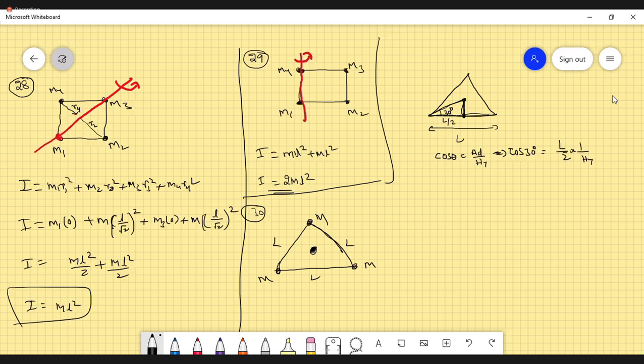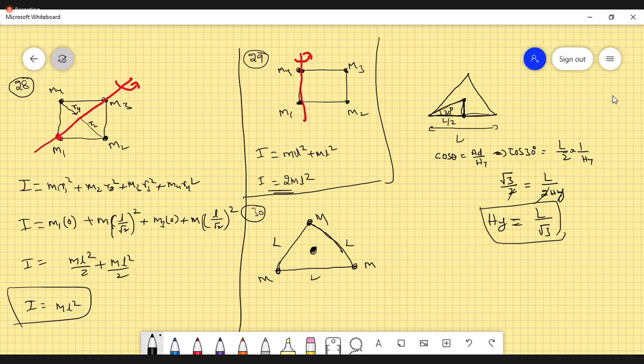Cos 30 is root 3 by 2, so root 3 by 2 equals L by 2 into 1 by hypotenuse. The 2 cancels, therefore hypotenuse equals L by root 3. So all the distances are L by root 3.